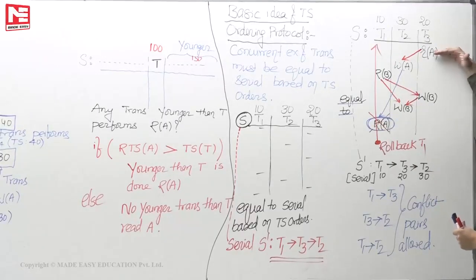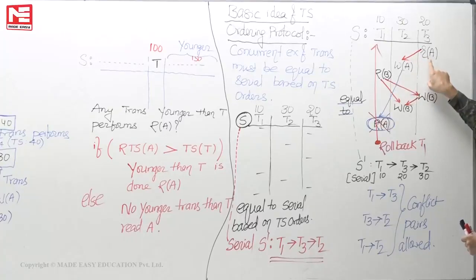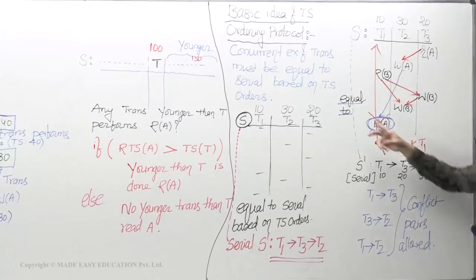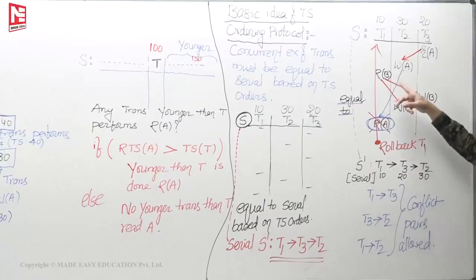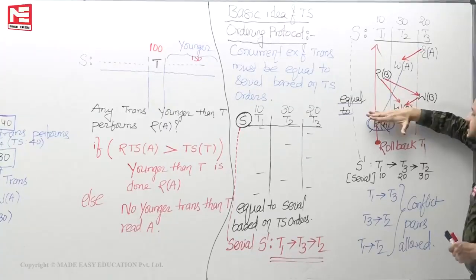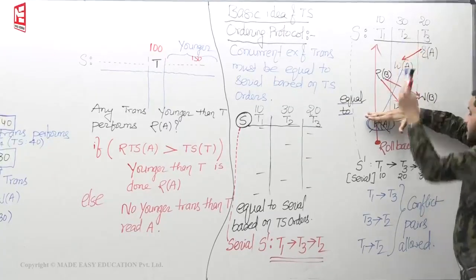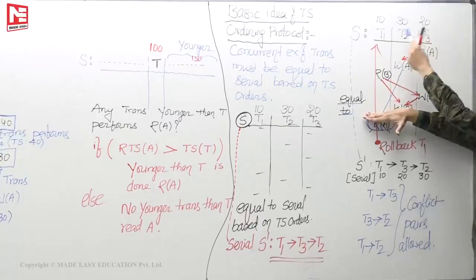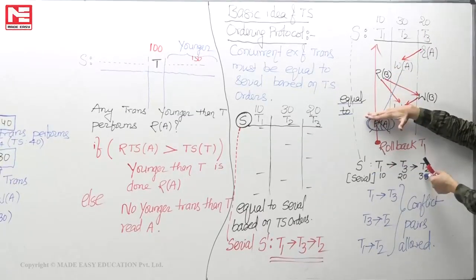The first read has no issue, and for this write, the conflict is T3, T2. The T3, T2 conflict does not violate equivalence to the serial. Then this read B and these write B operations, till this point, all these conflict pairs are equal to the serial order. The serial order is not violated.